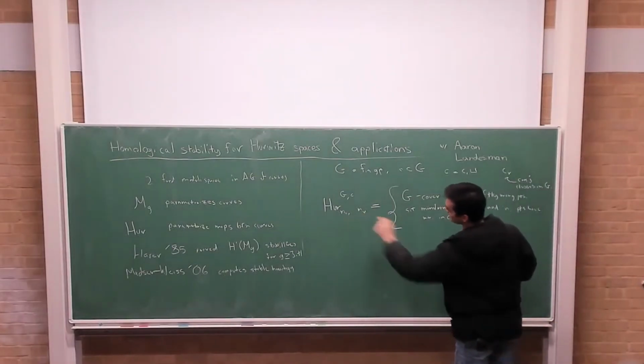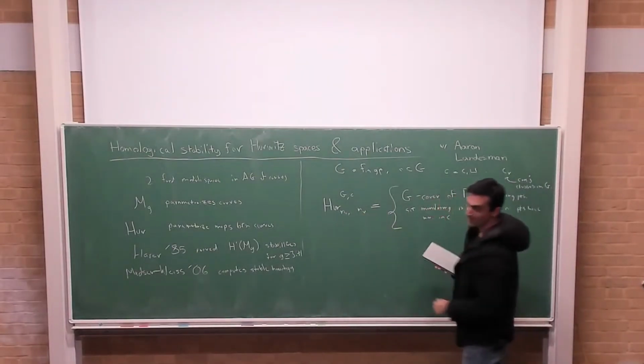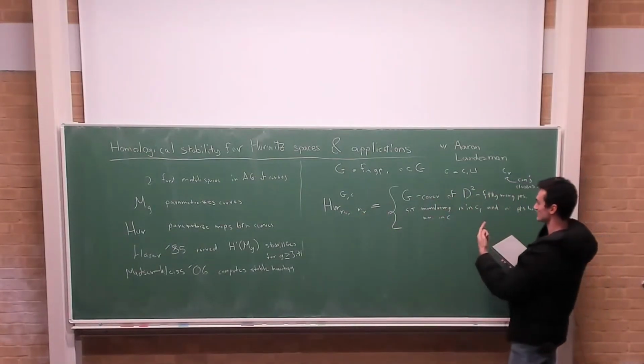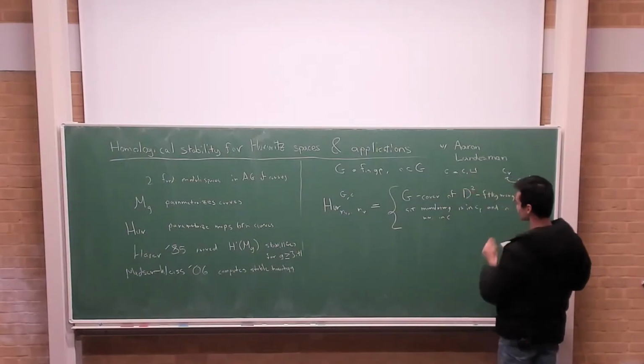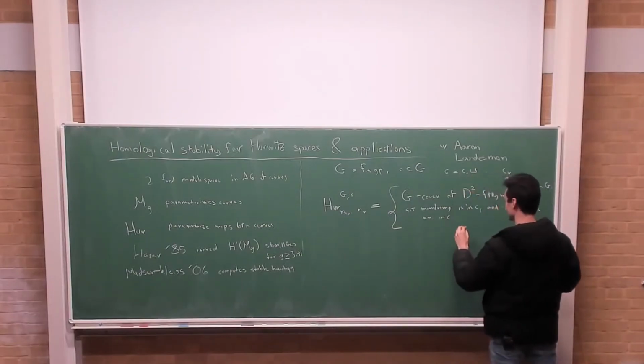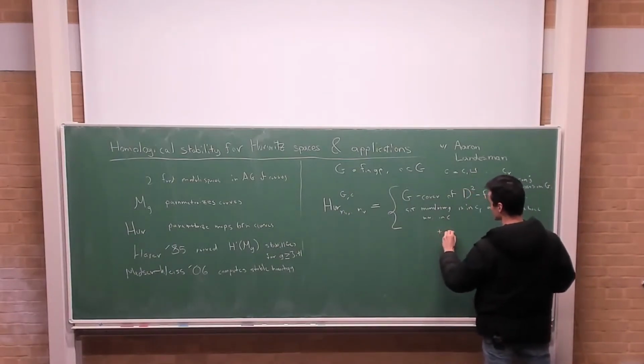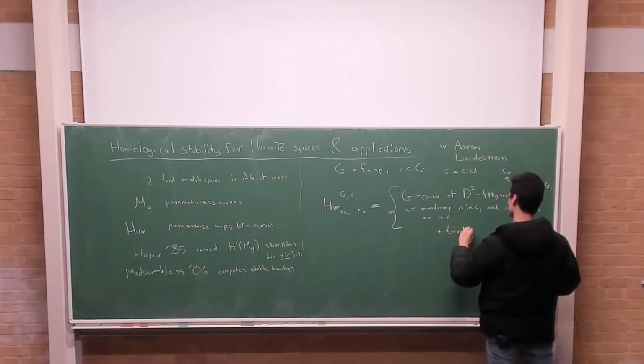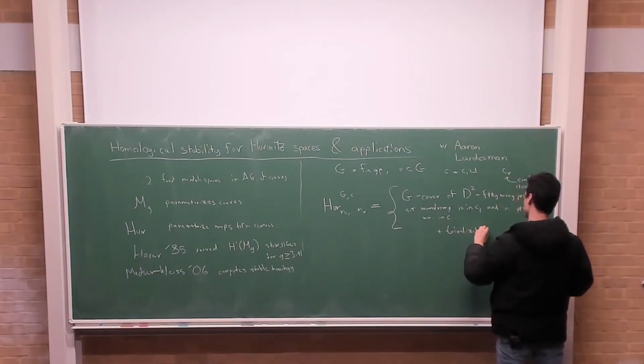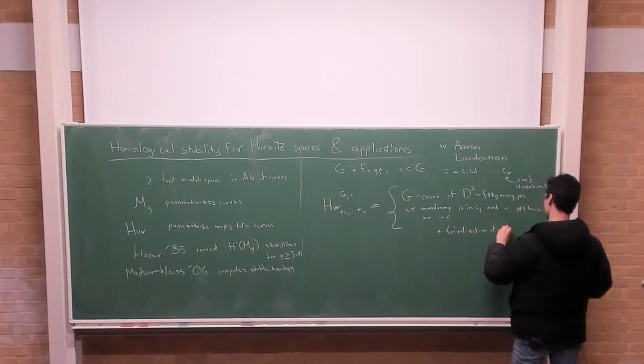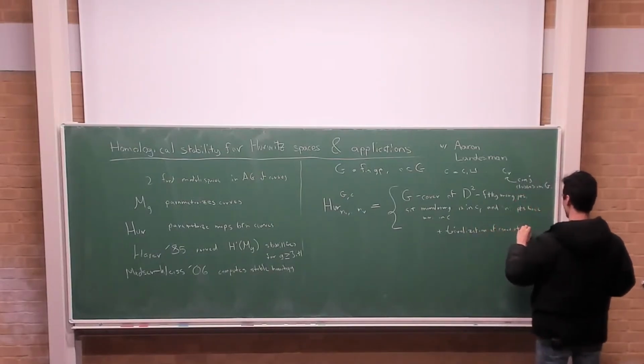That's what these parameters are telling you: how many points have monodromy in these specific conjugacy classes. And then there's an additional piece of data, which is that you want a trivialization of the cover at a boundary point.